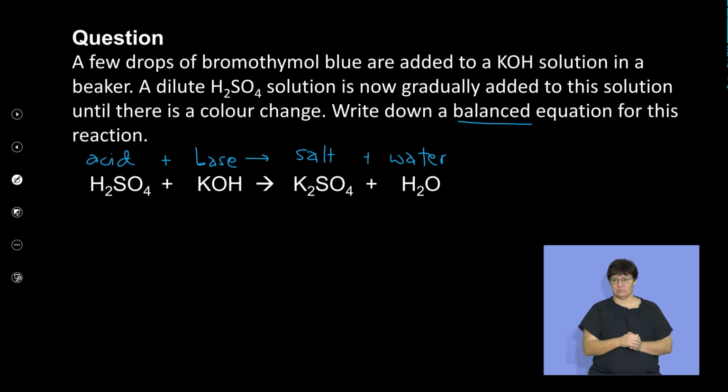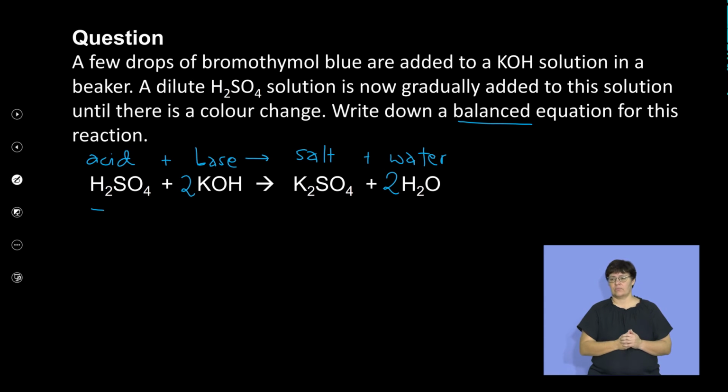Now, if we look at this equation, if you look at potassium on the right-hand side, it's K2. So we need to put a 2 there. And then we check the hydrogen. Hydrogen on the left is 4: 2 from the sulfuric acid, and then 2 in potassium hydroxide. Then we can put a 2 there.